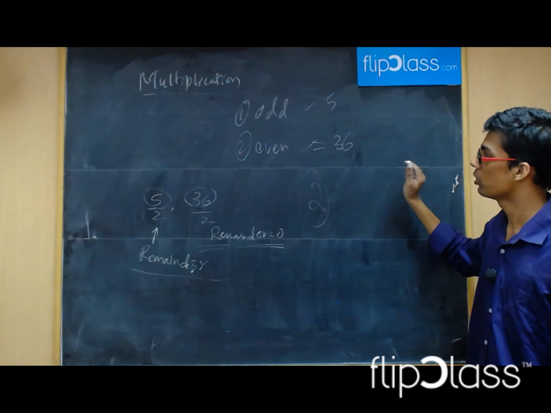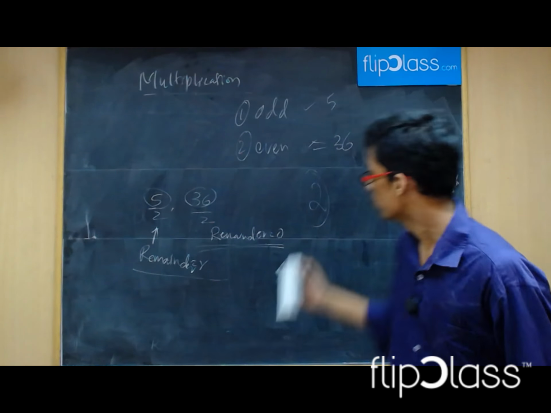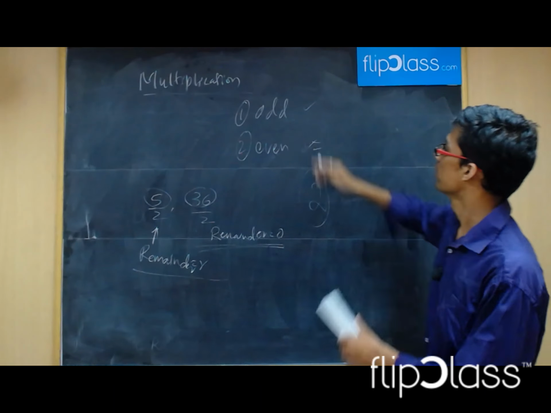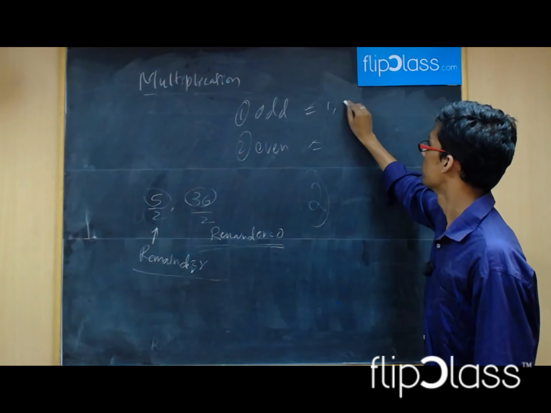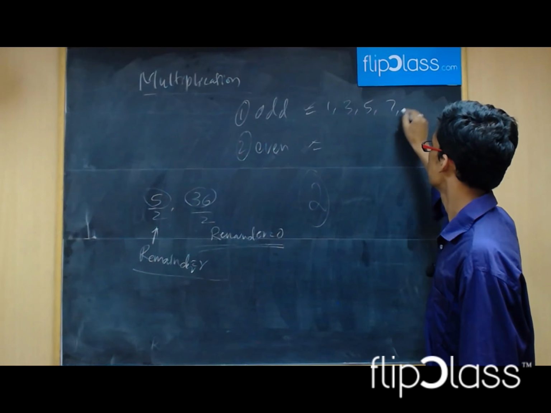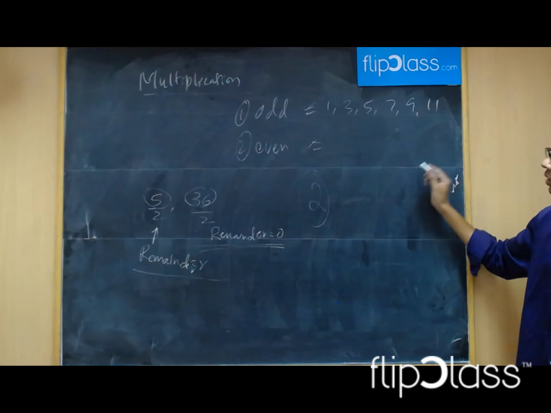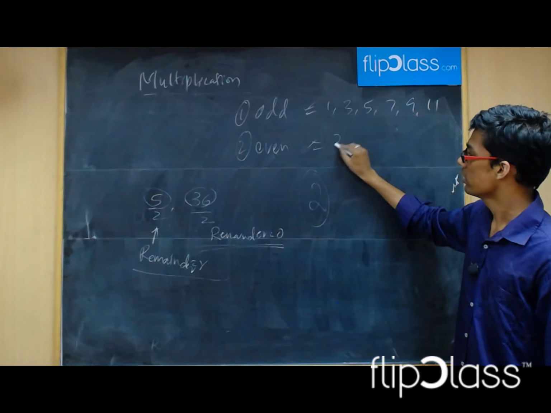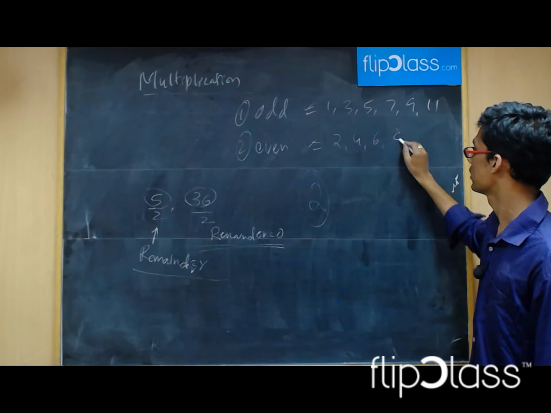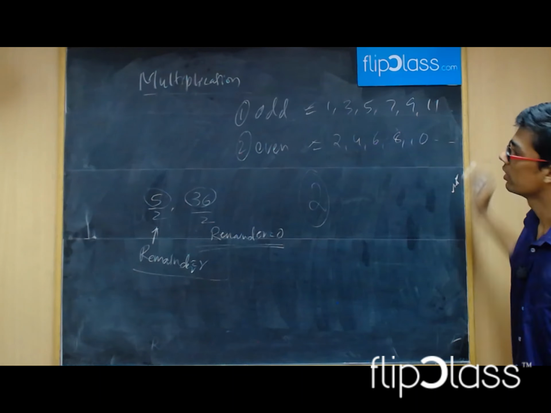So if I have to list a few more odd numbers and even numbers, the odd numbers are 1, 3, 5, 7, 9, 11 and so on. Now, what are even numbers? The even numbers are 2, 4, 6, 8, 10 and so on.